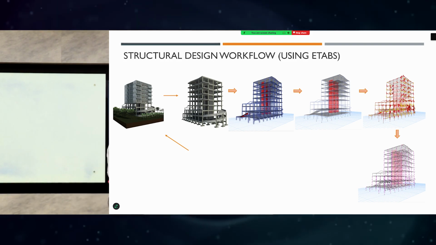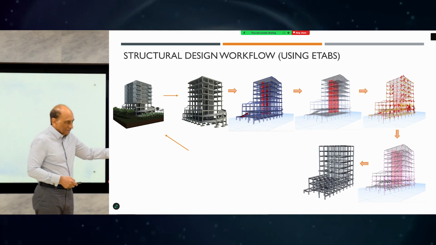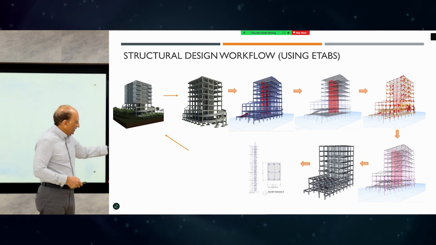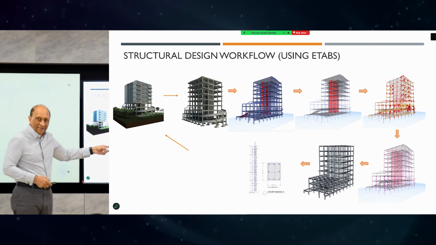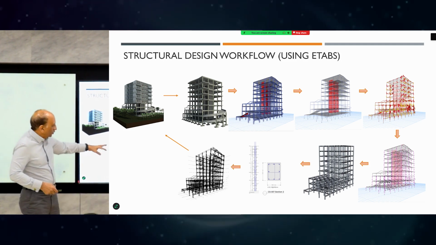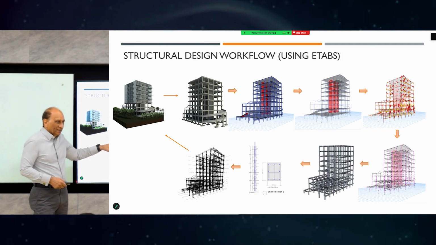Then from there you calculate the reinforcement. From there you can do the detailing using the ETABS detailer, and then get the drawings, sections, design some columns, design some beams, get the details, and then you can put it back onto Revit if you like.